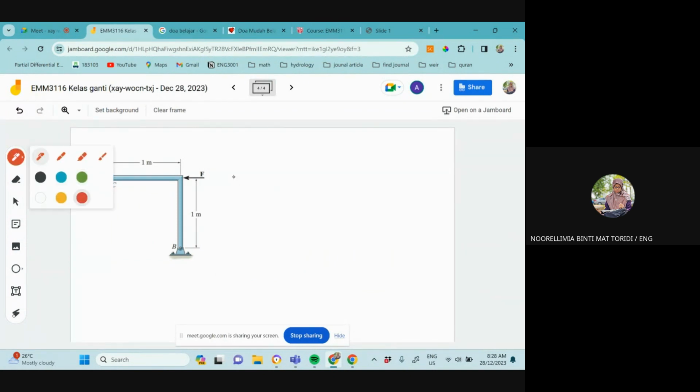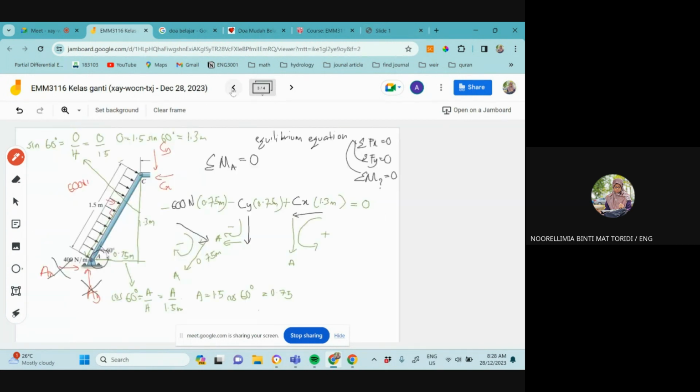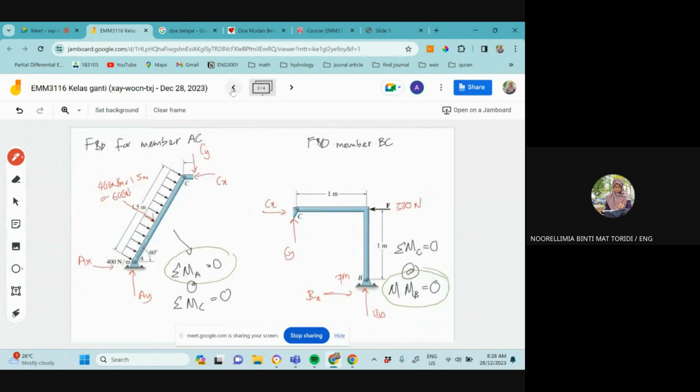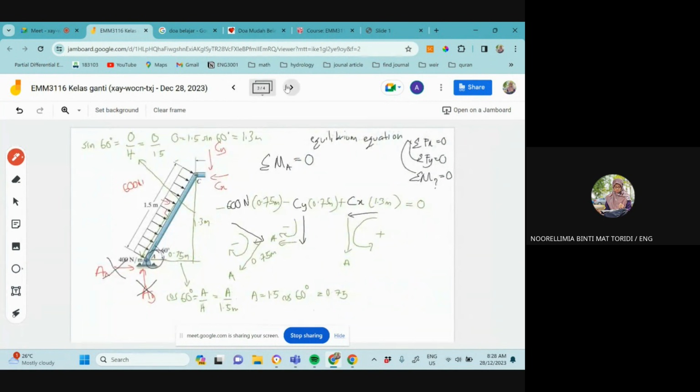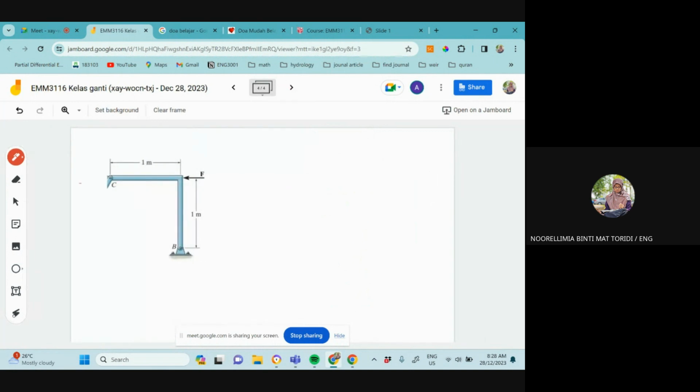Okay, draw back the force that we draw earlier. So make sure the arrow should be the same, CX, CY. Okay, so we have CX, and then we have CY.